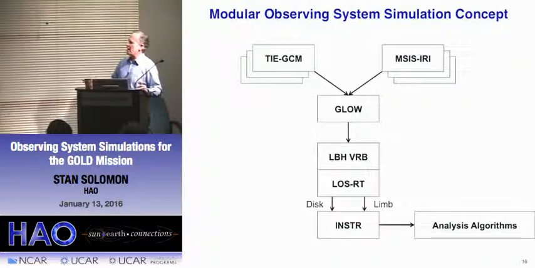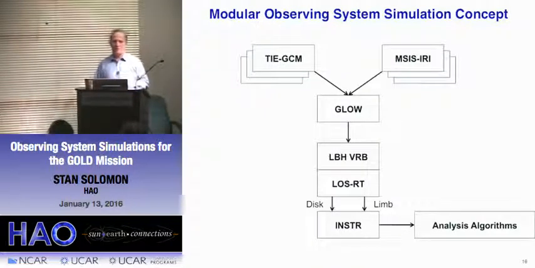So you might have a theoretical model, you might have an empirical model, or different flavors of them, and you feed the output from that, your basic fields, temperature, density, composition, ionosphere, into an airglow model. This is my airglow model. It's called GLOW. There could be another component here, such as AURIC. Naturally, the one I'm working with is the one I've got, which is GLOW.